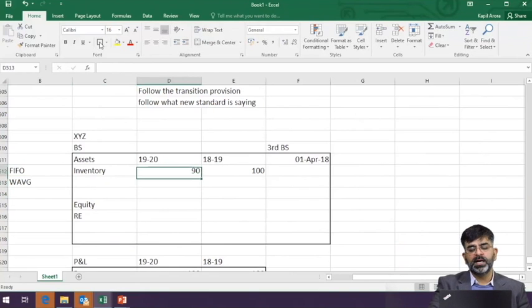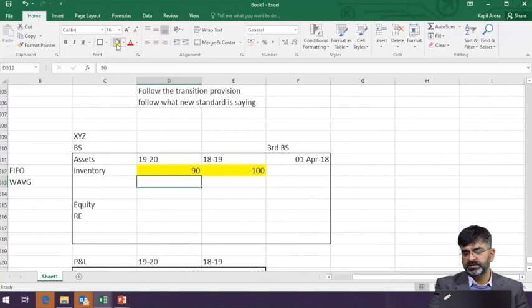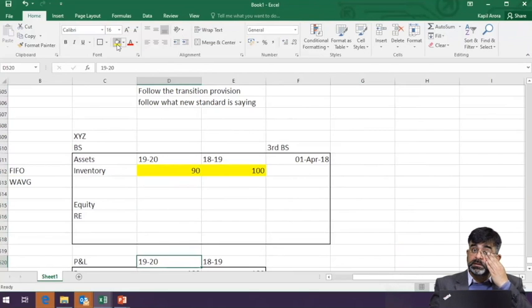What will you think when you see why the inventory value has come from 100 to 90? You may feel that the company has faced a loss of 10, because nothing else has happened. This year only you have changed the accounting policy, and because of that the inventory value has come from 100 to 90. People who do not understand the concept would say there is a loss of 10.